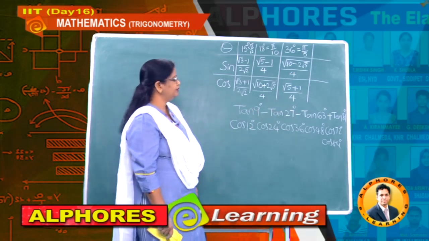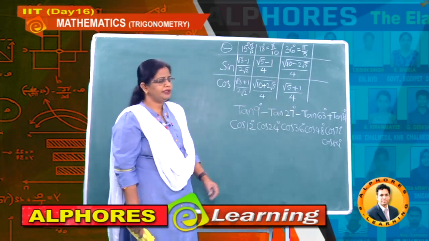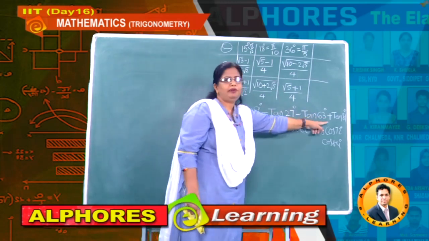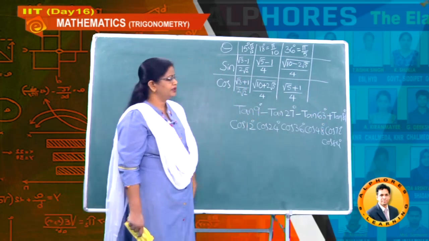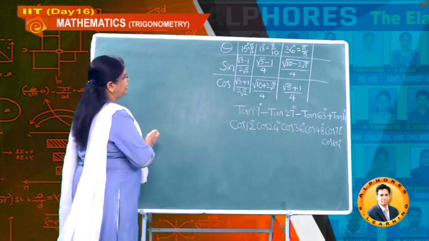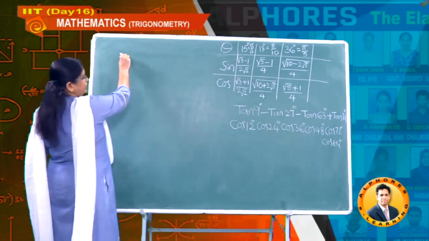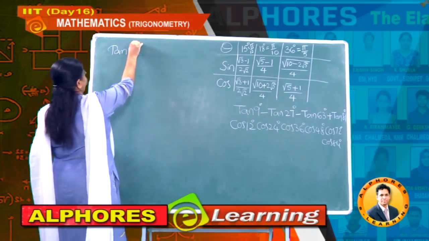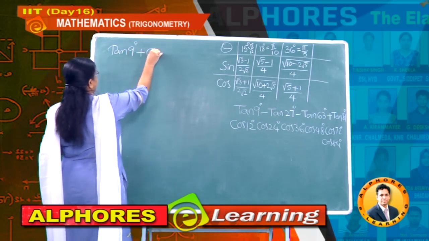Now observe here, the first observation is what we said earlier, complementary angles. Clearly here 81 and 9 are complementary. So I am writing these two values as tan 9 degrees plus tan 81, where tan 81 is nothing but cot 9 degrees.